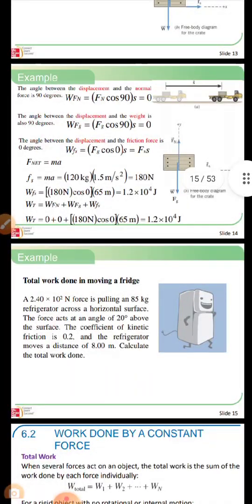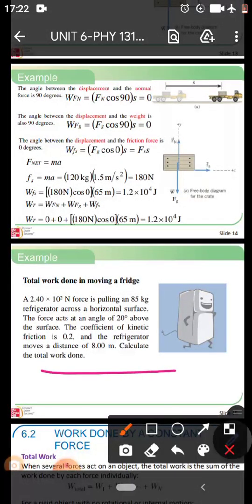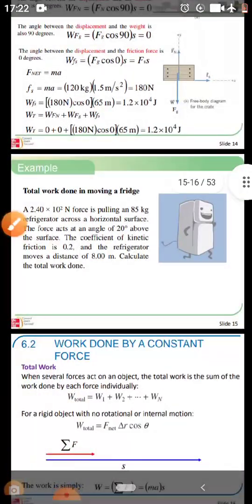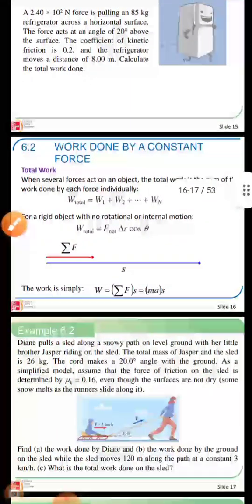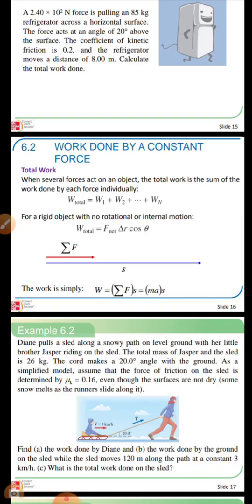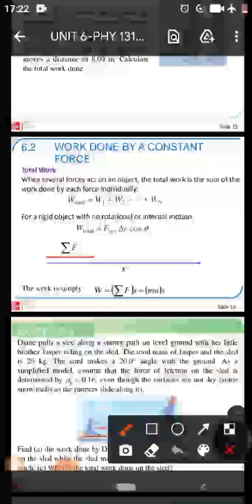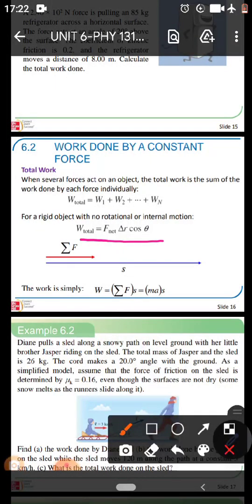So you do this example, and this is what I was saying. When several forces act on an object, the total work is the sum of the work done by each force individually, for a rigid object with no rotational or internal motion. Remember I said this is the equation of the work done. Now this is what I mean.